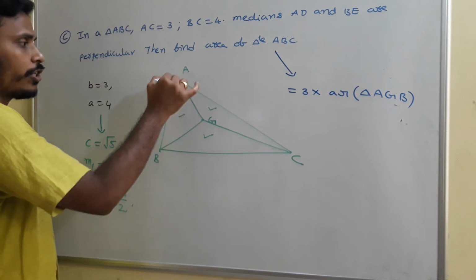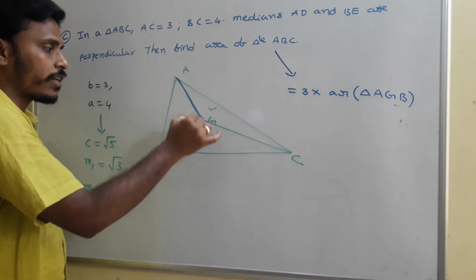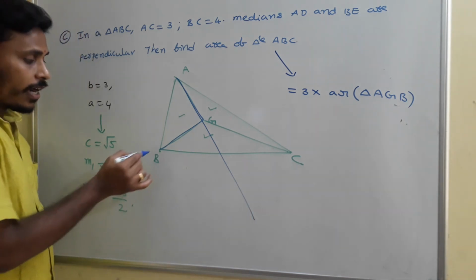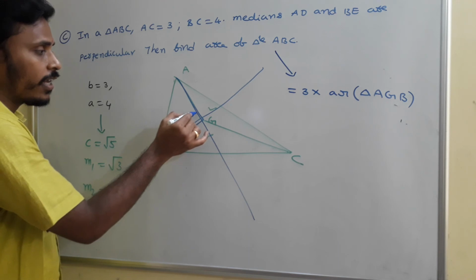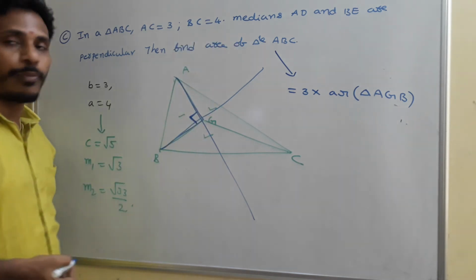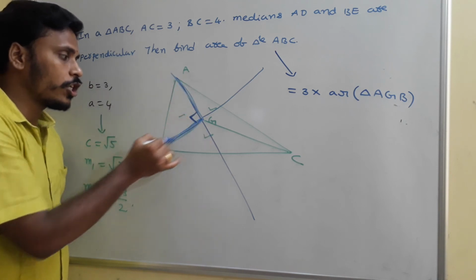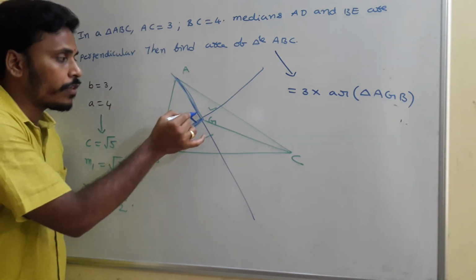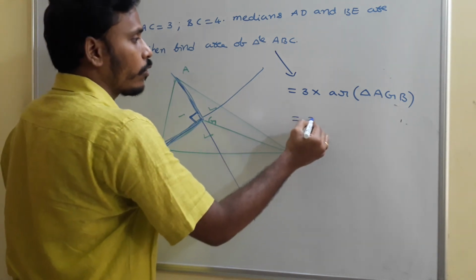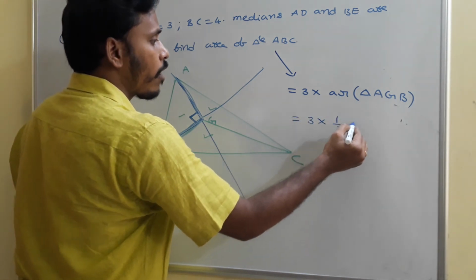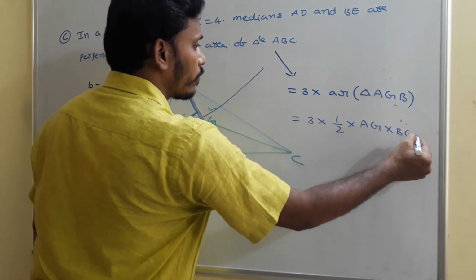I am thinking about this triangle AGB, and this AG if you extend, this is the median through A, and this BG if you extend, this is the median through B, and here we have perpendicular as mentioned in the problem. These two are perpendicular, so the area of this triangle is half of the product of these two, that is equal to 3 into half of AG into BG.